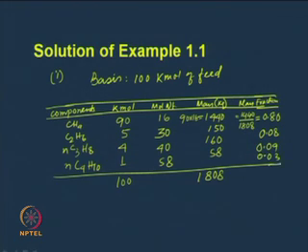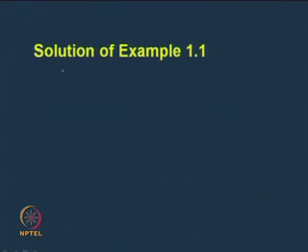So, the sum of all these is 1.0. So, these are the mass fractions. The first question is answered, and then the second one is to calculate the total mass concentration. To calculate the total mass concentration, we can calculate the total molar concentration first.